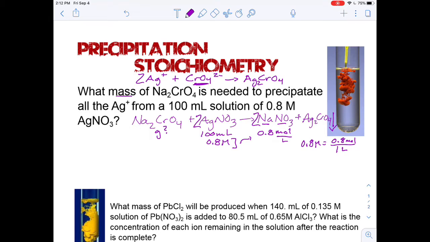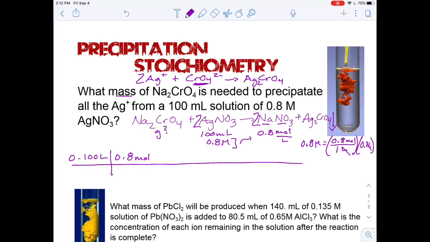What I could do is say that I have 0.1 liter to react, so liters would cancel. So I have 0.1 liters and 0.8 moles of my silver nitrate over 1 liter.